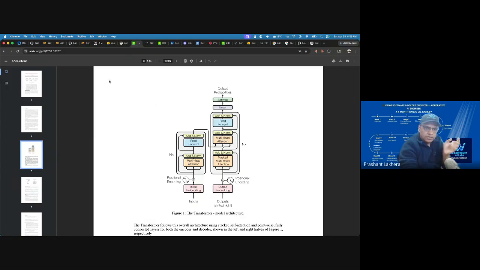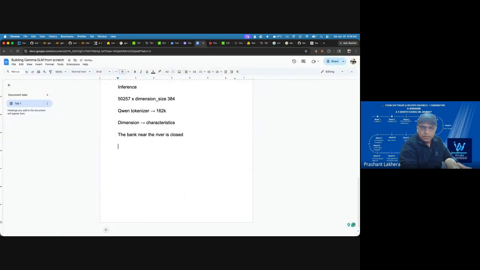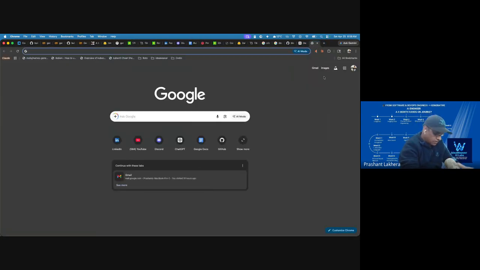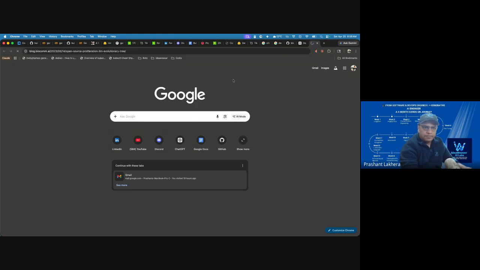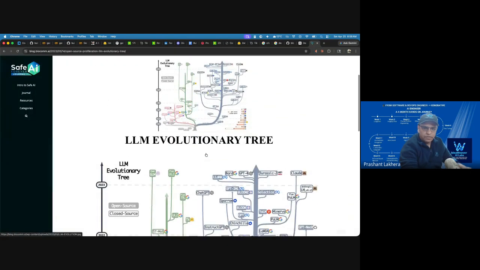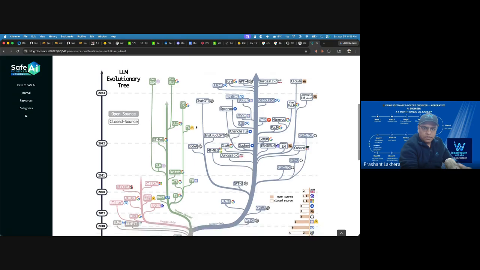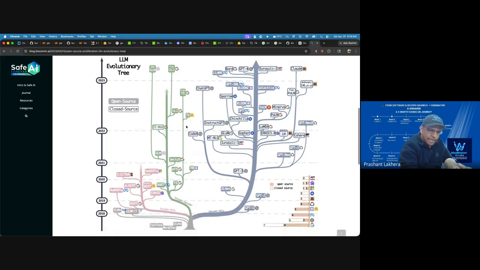Okay, just to quickly give you an idea about this. If you look at this diagram, you see that until 2021, the models we used to create were called encoder models, and I'm going to talk about that.